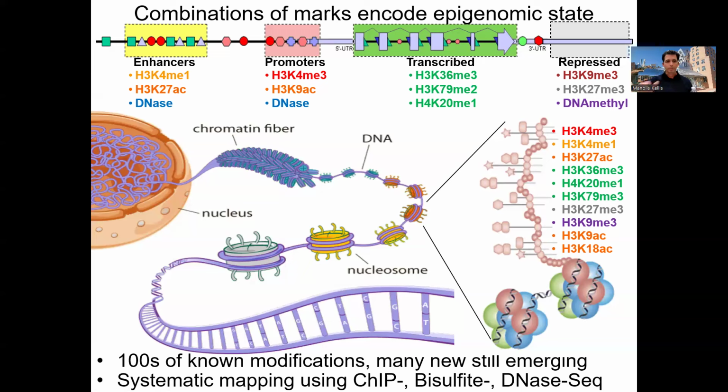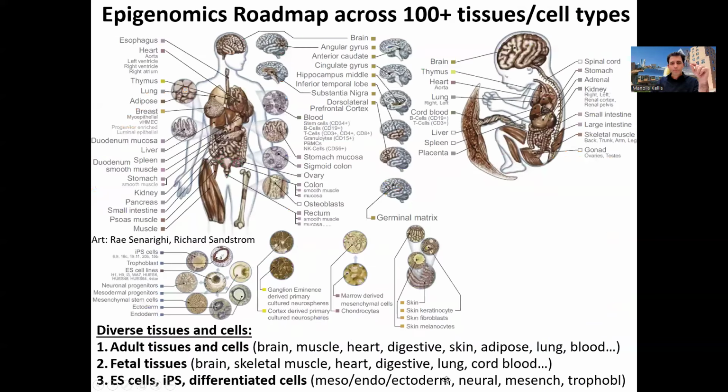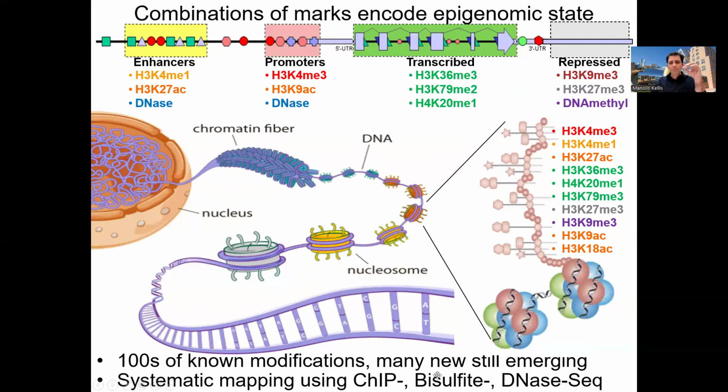All right. Awesome. So again, hundreds of known modifications, many still emerging. We need a systematic mapping with chromatin immunoprecipitation, bisulfite sequencing, and DNase accessibility. So now let's talk about these technologies. Bisulfite sequencing basically means that you treat the DNA with bisulfite, and that will differentially alter Cs that do not have a methyl group and Cs that have a methyl group.